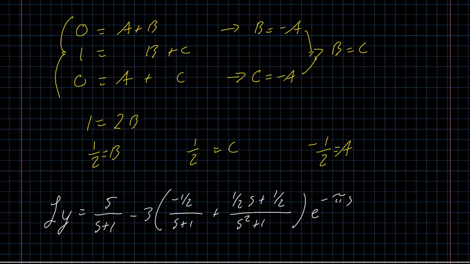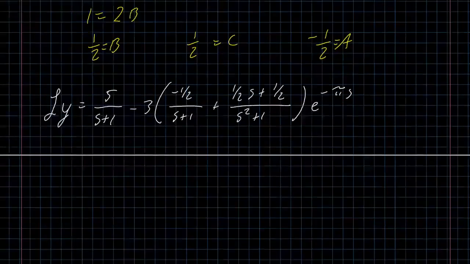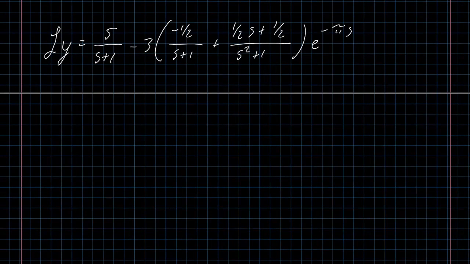We can plug all of that back into our equation, and we get 5 over s plus 1 stays the same, minus 3 stays the same. That fraction gets expanded out as negative 1/2 over s plus 1 plus 1/2 s plus 1/2 over s squared plus 1, and that's all being multiplied by e to the minus pi s. All right. Cleaning this up a little bit to make our lives easier. We've got 5 over s plus 1.